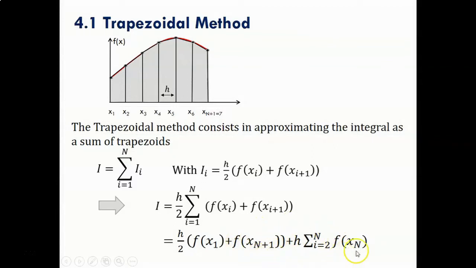So this is how you can relate the rectangle to the trapezoid. Even if visually it looks different, it's almost the same thing. It only differs by this value here, the mean value of f of x1 plus f of xn plus 1.